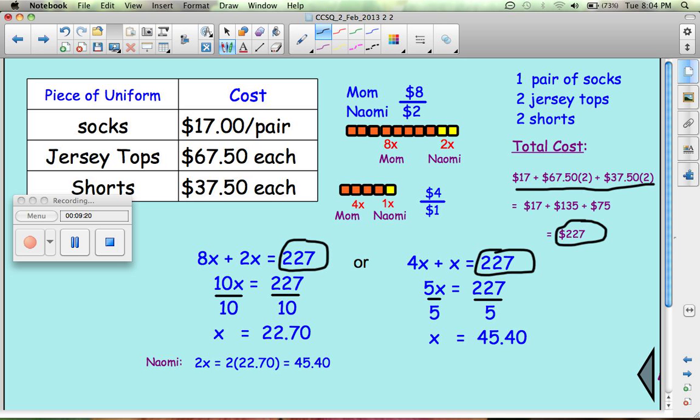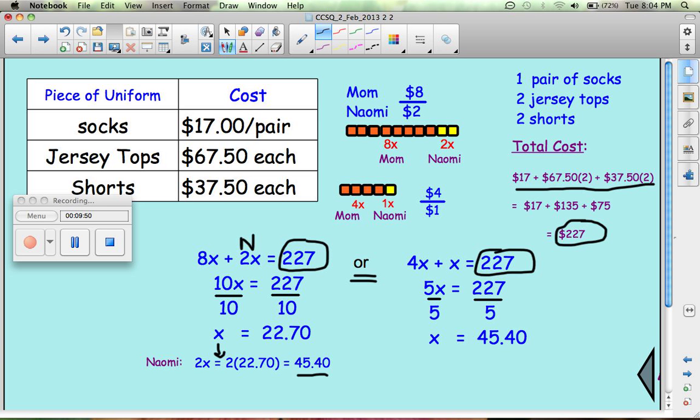And I go ahead and I do the process. Now remember, this is an OR, so it doesn't matter if you use the 8x and the 2x or if you use the 4x and the x. Depends on how you want to think about this. But if you use the 8x and the 2x, remember Naomi's part is the 2x. So you're going to have to take your x answer and then plug it back in and times it by 2. And we come up with 45.40.